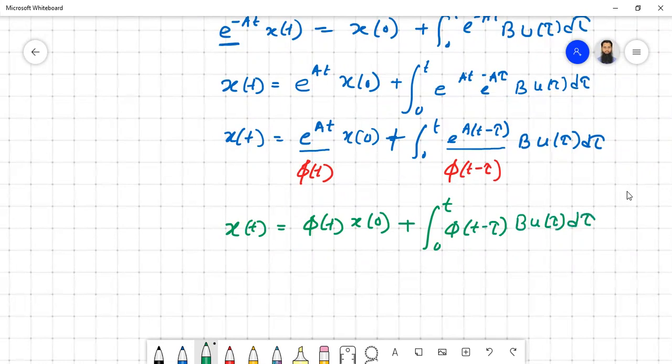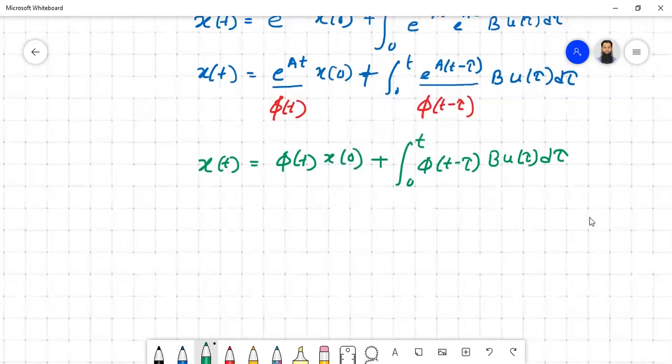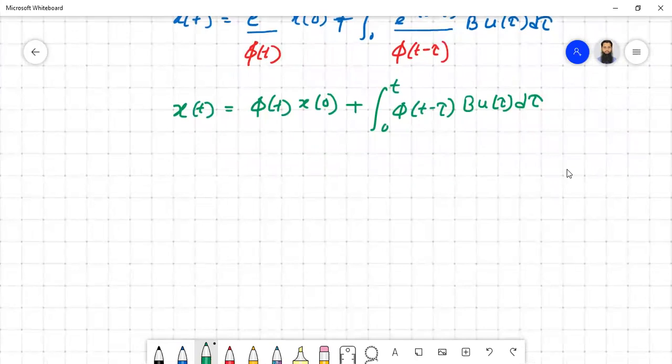Now it has two parts. The first part is coming because of the state vector, and it doesn't depend on the input. So that is why this first portion is known as zero input response.